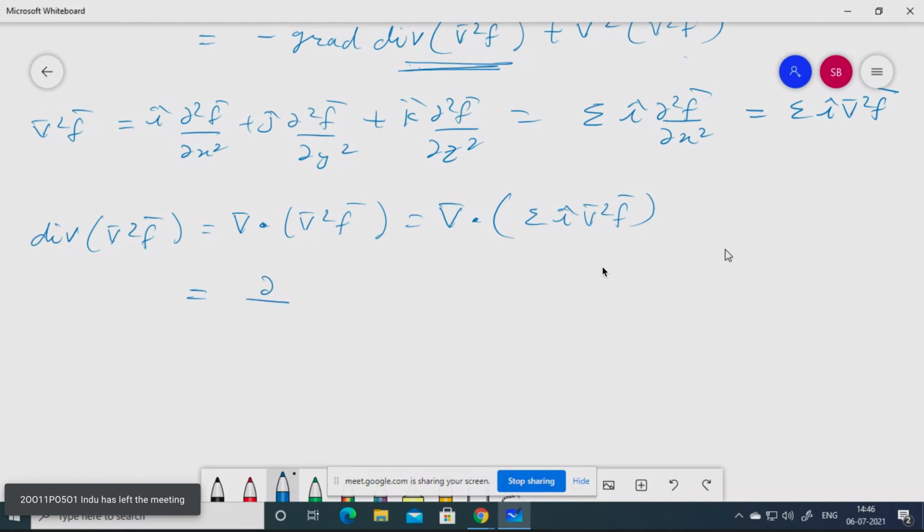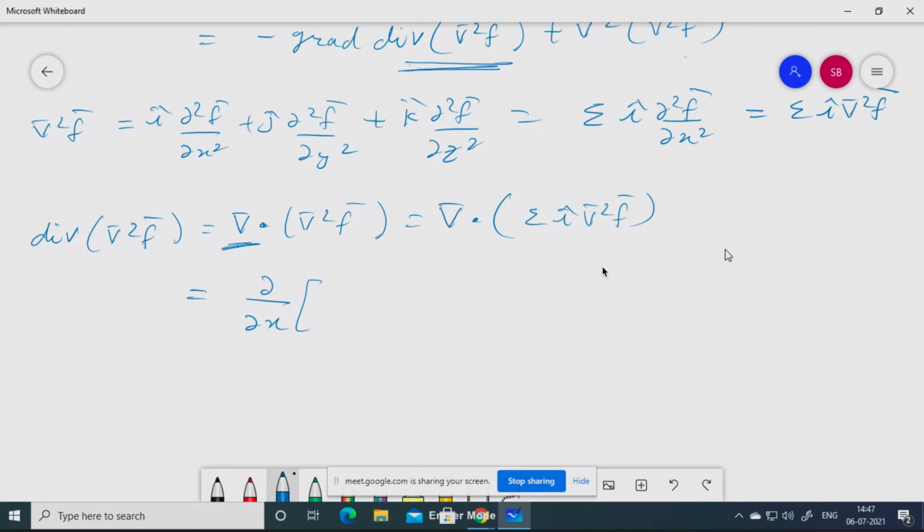Yes, ma'am. So this will be dou by, now I am expanding it. F vector I am writing. F vector will have some components also, na? F1, F2, F3. Is it or not? Yes, ma'am. Or you can leave it as it is also. So because of this del dot operator, I'll get dou by dou x of this del square f bar with a summation sign.